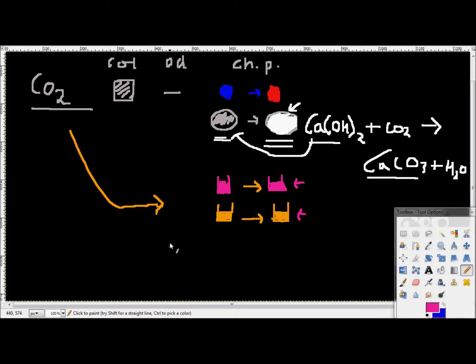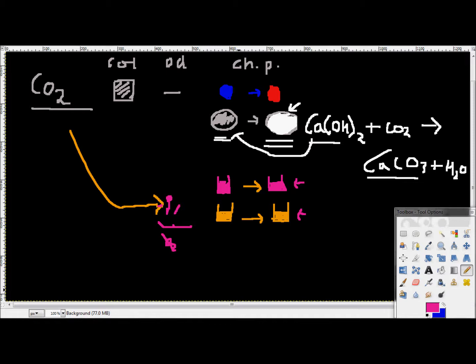So if you put, say, a matchstick which is glowing into CO2, it's actually going to just extinguish and become just a matchstick. So it extinguishes a glowing splinter. And if you paid attention in the last tutorial, you would realize that this is exactly the opposite of O2, because O2 relights a glowing splinter.